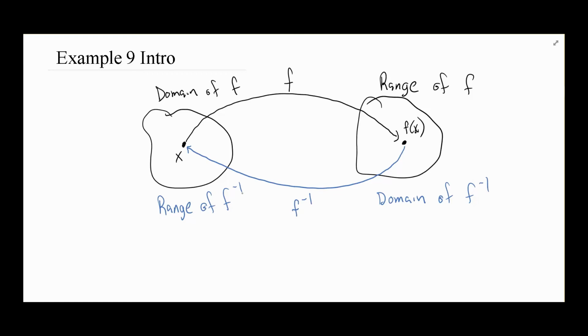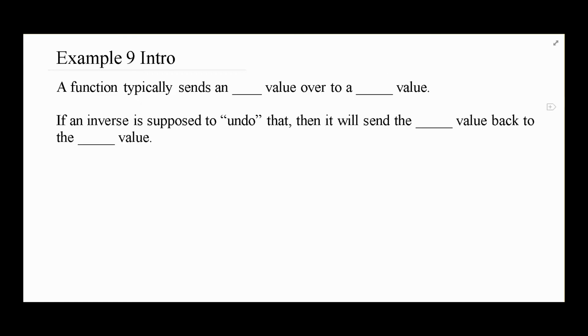As far as the wordy definitions are concerned, a function typically sends an x value over to a y value. And since an inverse is supposed to undo that, it's going to send the y value back to the x value that it came from.